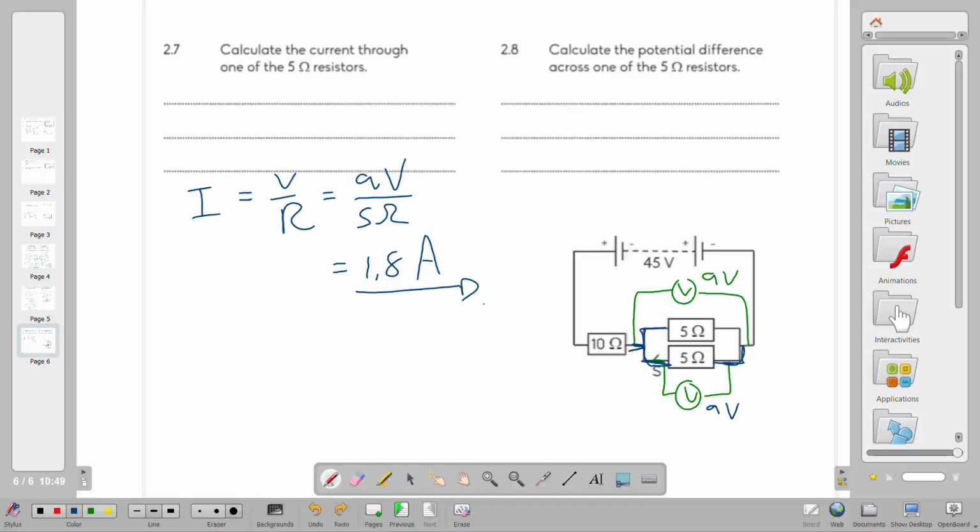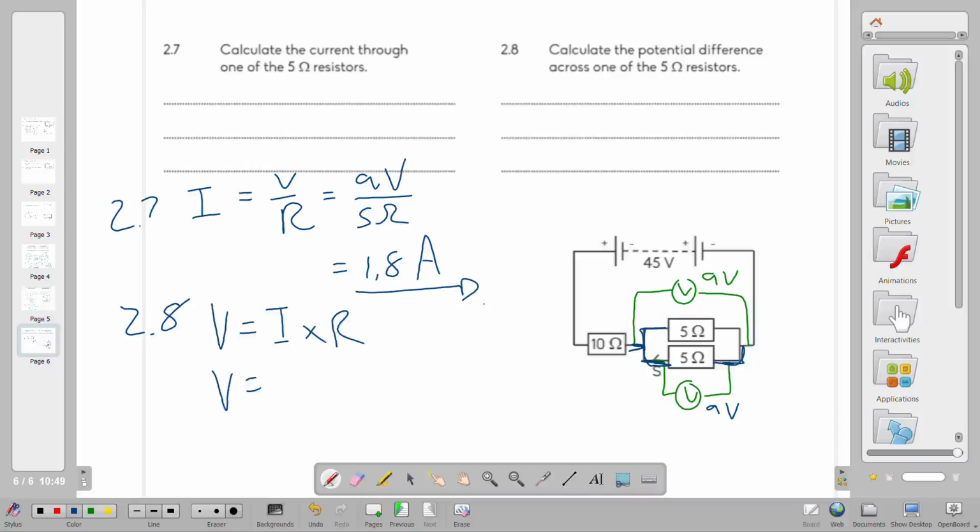And then lastly, this is 2.8. Calculate the potential difference across one of the 5 ohm resistors. So you see what we have now. We can use V equals I times R. We can use the current.